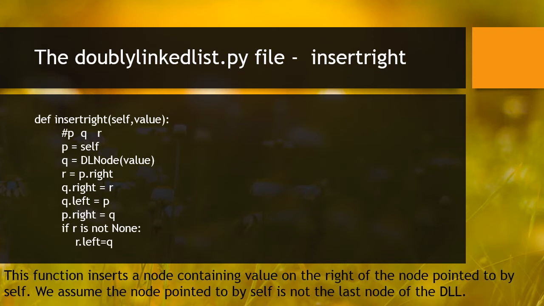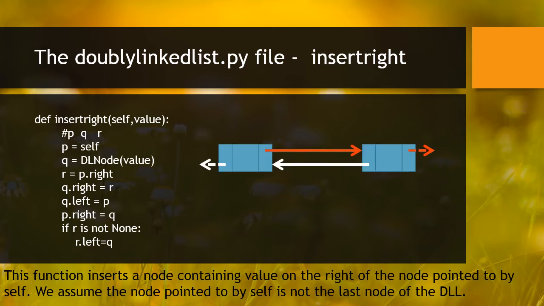Have a look at the function called insert right. This function inserts a node containing value on the right of the node pointed to by self. Let us first assume that the node pointed to by self is not the last node of the DLL.